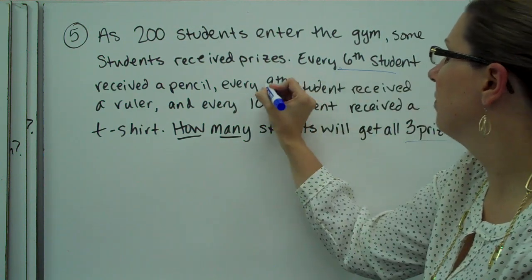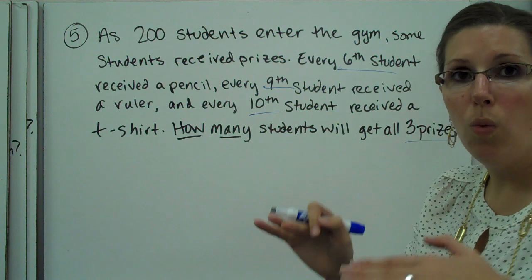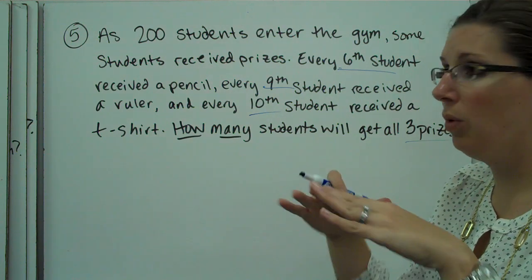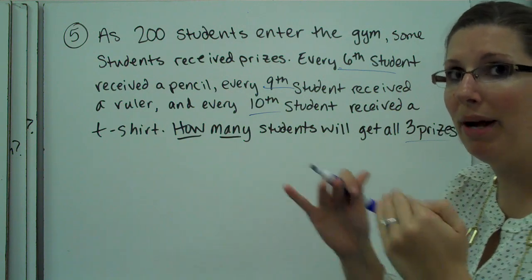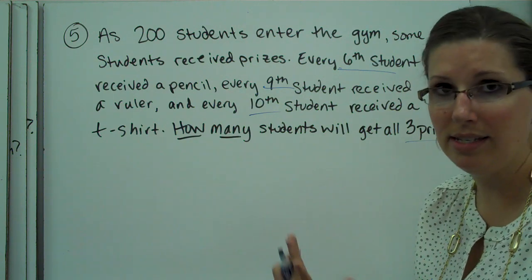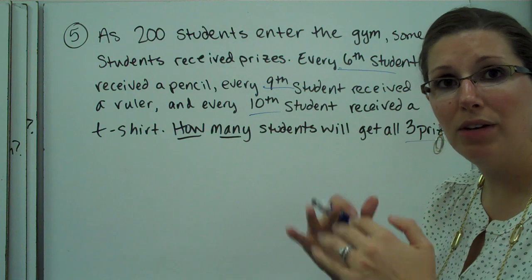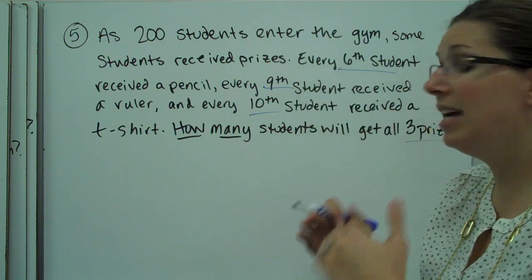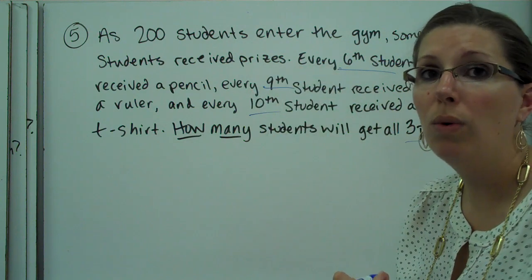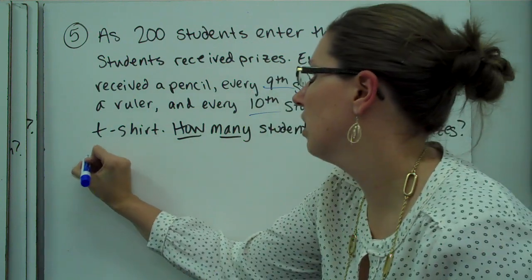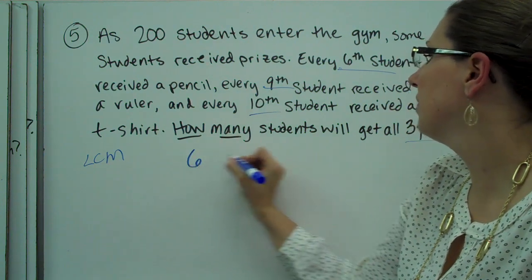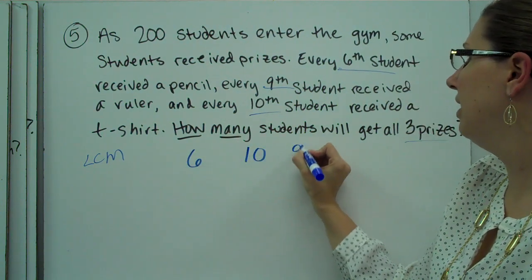So we, again, are going to find the LCM because if you think about it, we're counting by tens and we're counting by nines, and we're counting by sixes. When we're doing that repetitive counting, up and up, like 10, 20, 30, 40, 50, we're finding the LCM. So I've got 6, 10, and 9.